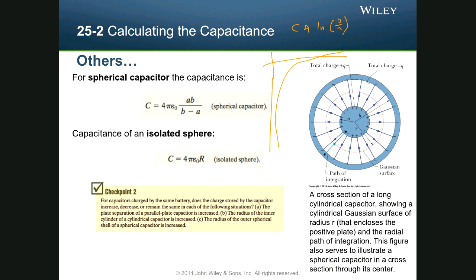So as this ratio gets smaller, because B is bigger than A, you're going to increase your capacitance. C will get bigger, and thus the charge stored will get bigger.